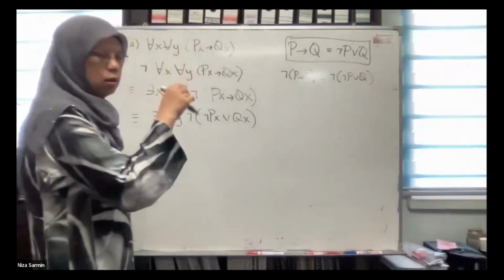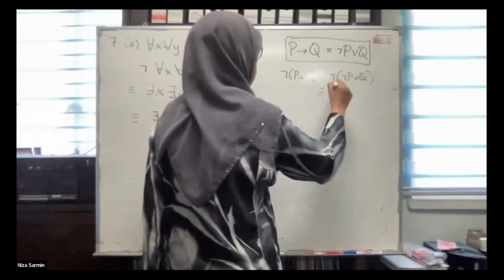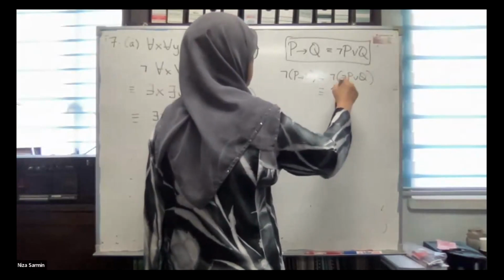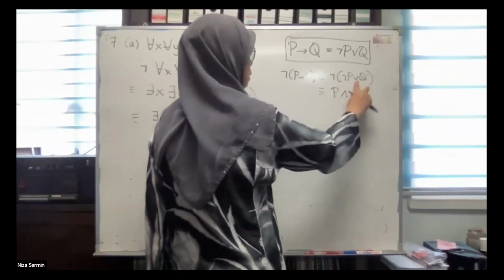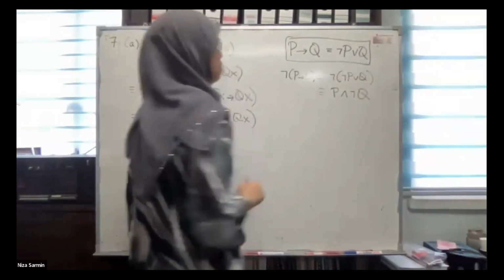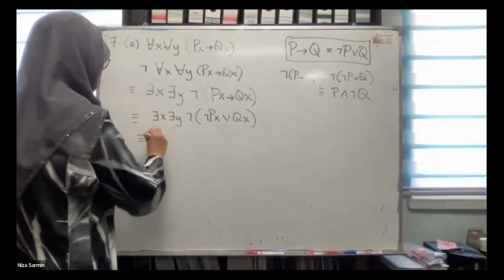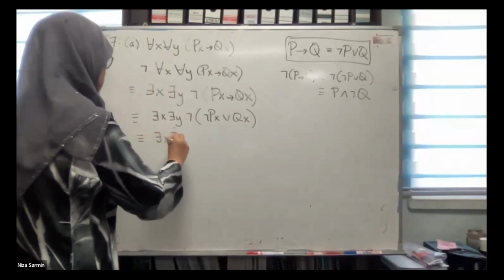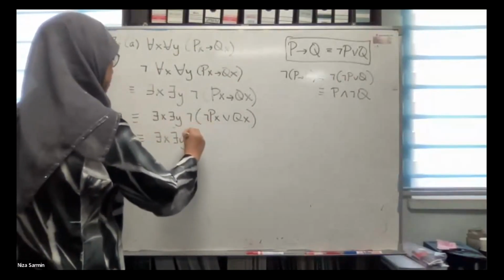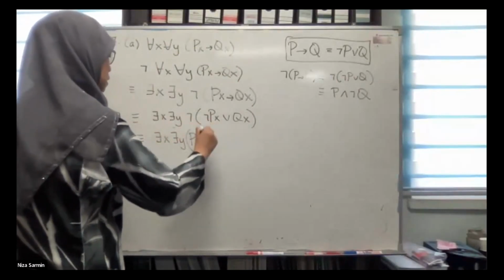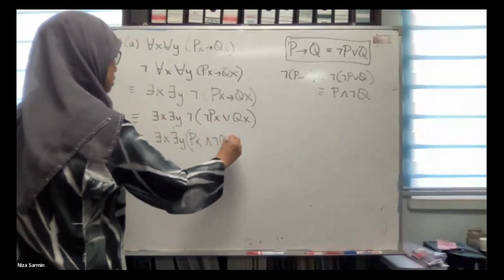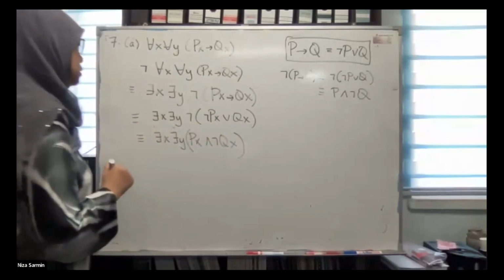Then you can do not of not P, and not Q. So you do here: Px and not Qx.